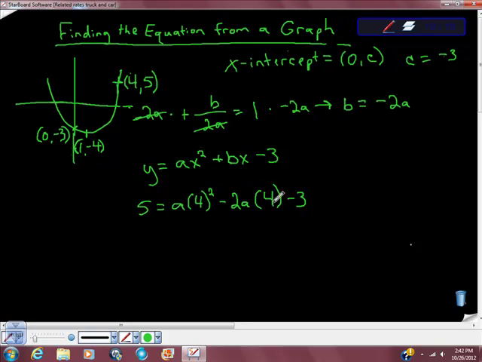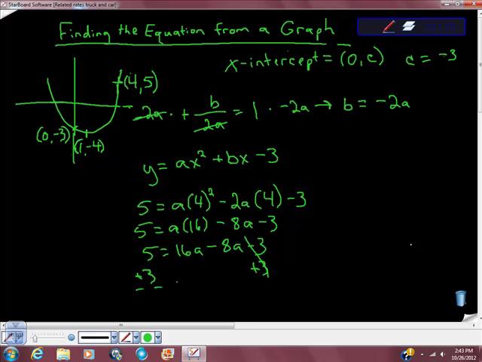So now I'll take that down here, minus 2a times x, which is 4, and then -3. Now we just start solving and we do the algebra. We have to solve for a. So 5 equals a times 4 squared, which is 16, minus 2 times 4, 8a, minus 3. So that means 5 equals 16a minus 8a minus 3. And then we'll add 3 to both sides.